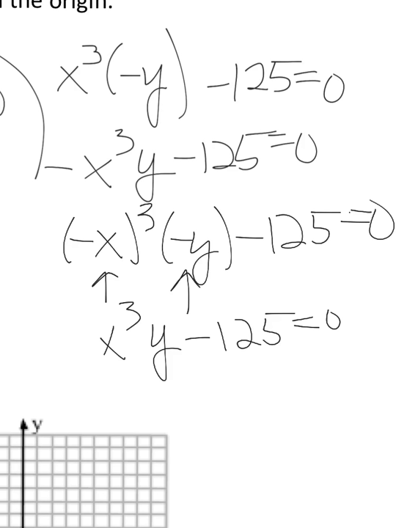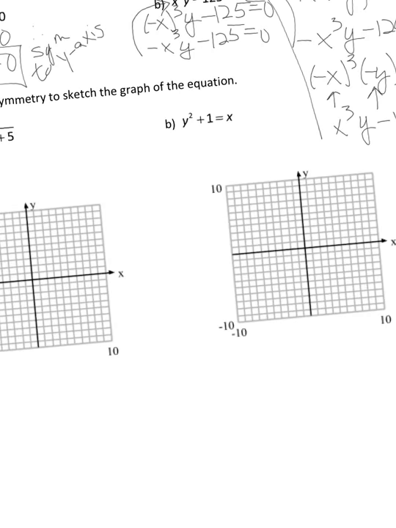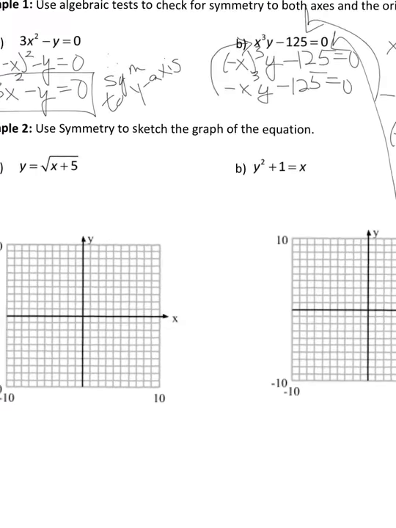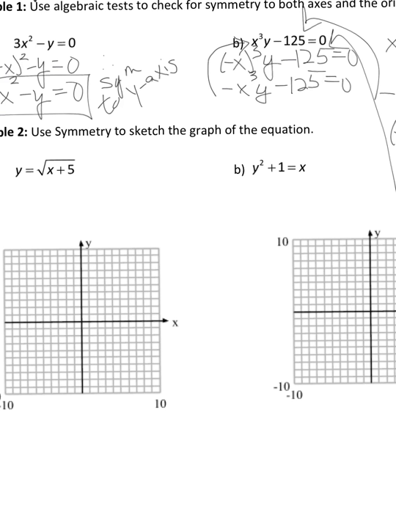So we plug in -x and -y, and we produce the equivalent equation to the original, and therefore symmetrical to the origin. Now, moving to here is not going to be something that is going to be utilized often, but just FYI in terms of some of these on your homework.